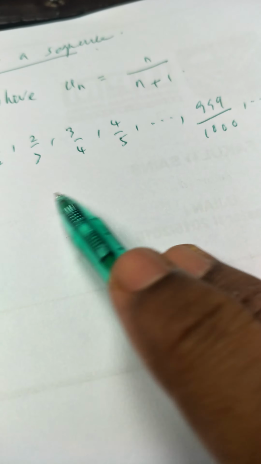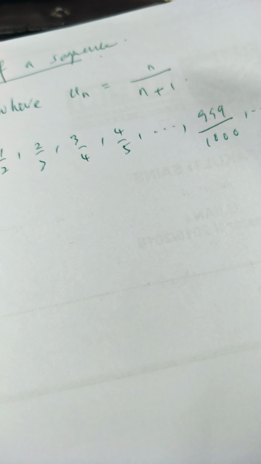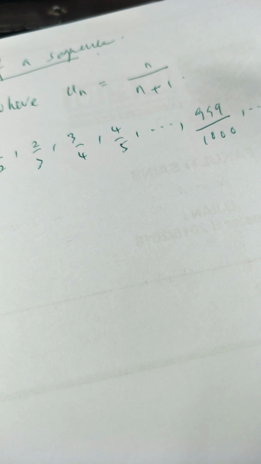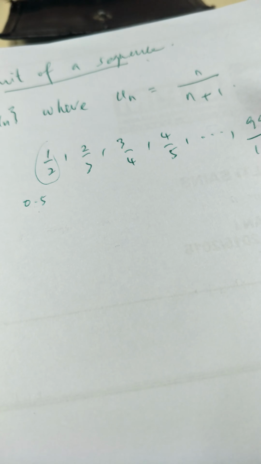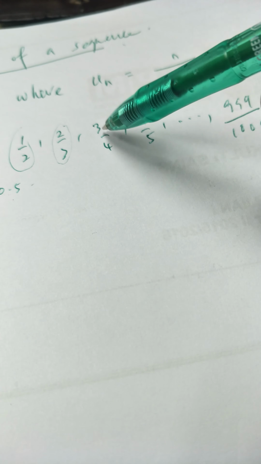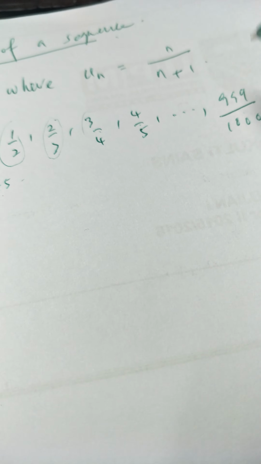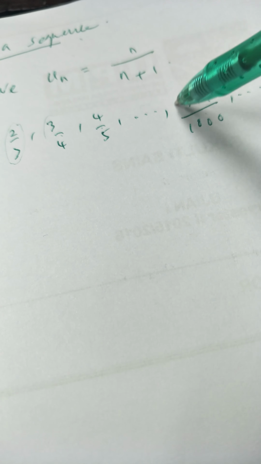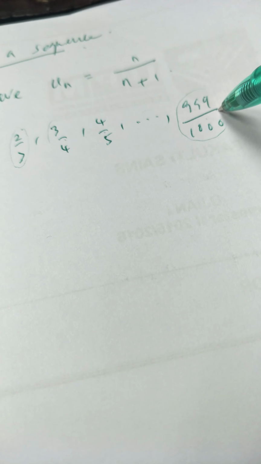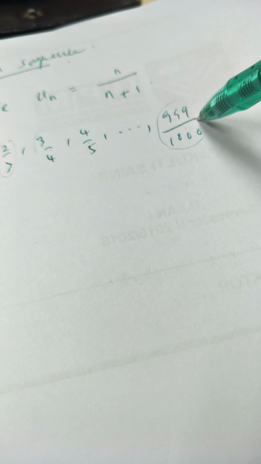What you can see from there is that the first value is 0.5, and it's getting bigger. This is greater than 0.5, this is greater than that one, and so on. Basically this value is quite close to 1.